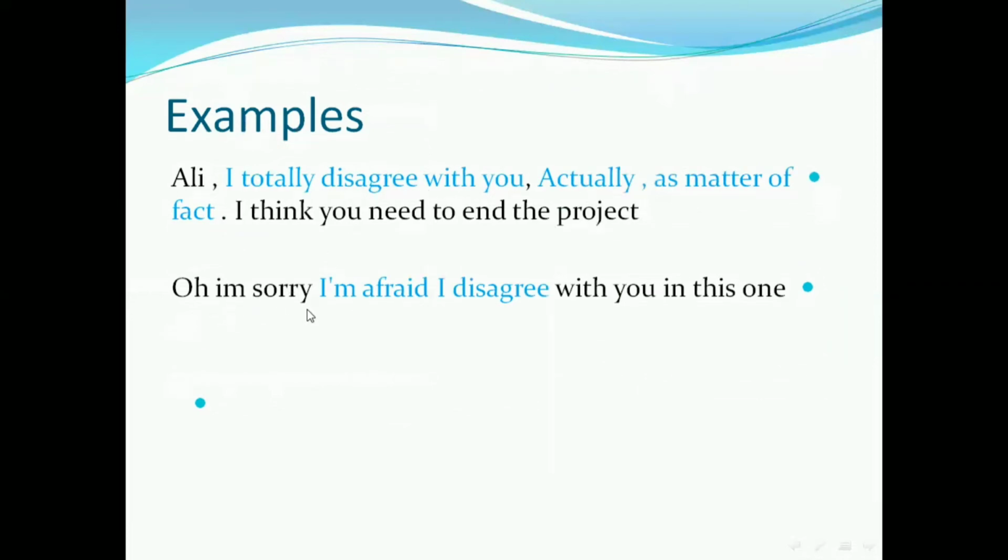Oh, I'm sorry. I'm afraid I disagree with you in this one. It could be any topic, any subject, anything. You can say it just like this. I'm sorry. I'm afraid I disagree with you in this one. So easy.